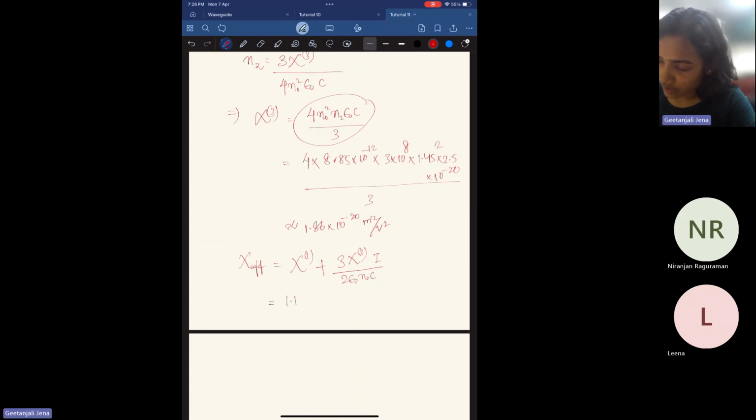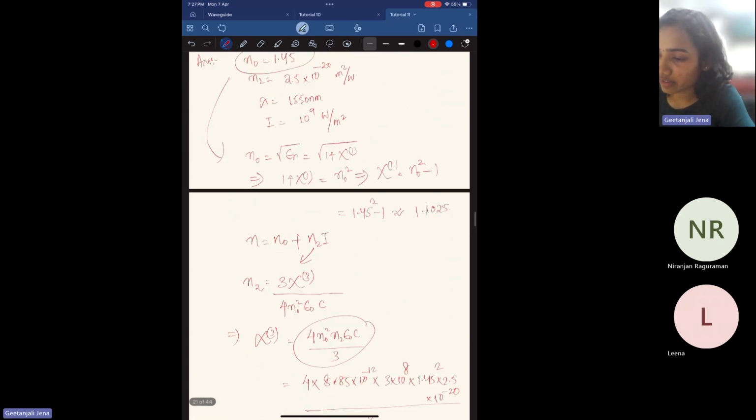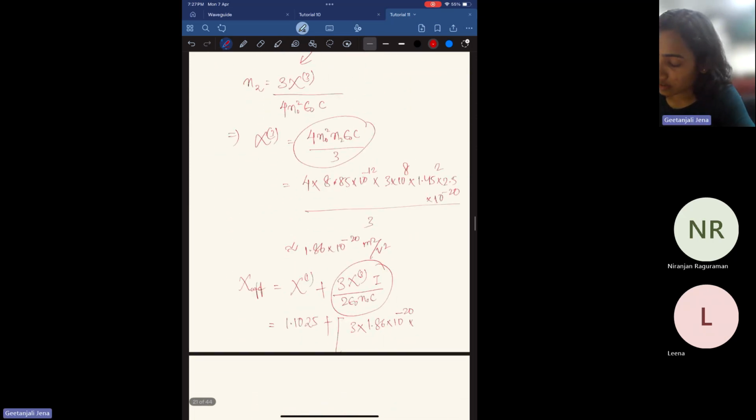So chi effective will come around the linear susceptibility because this term is nearly negligible. 3 chi3 is 1.86, I was given as 10 to the 9, I think. Yes.